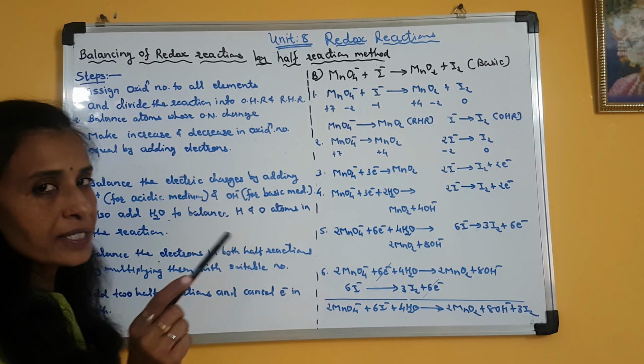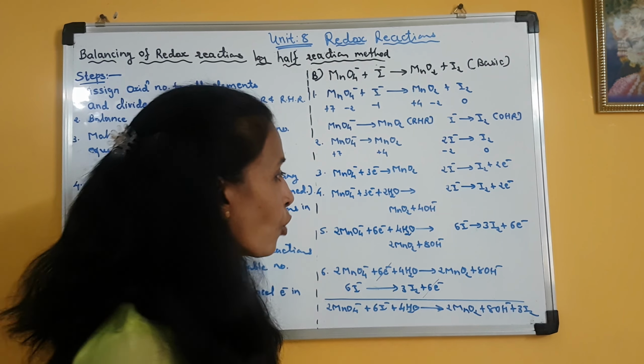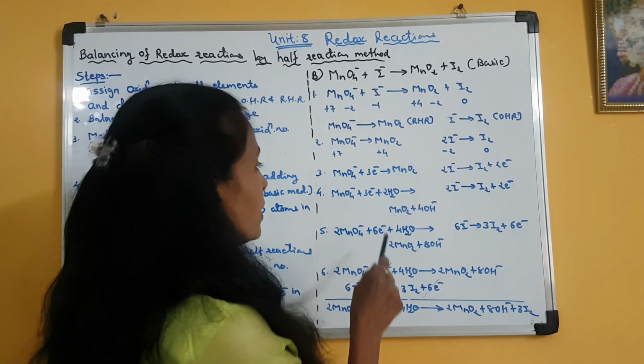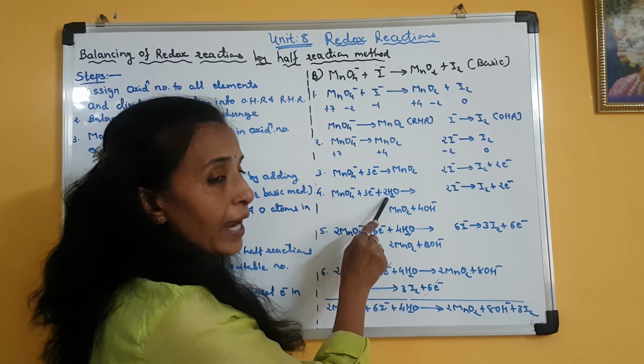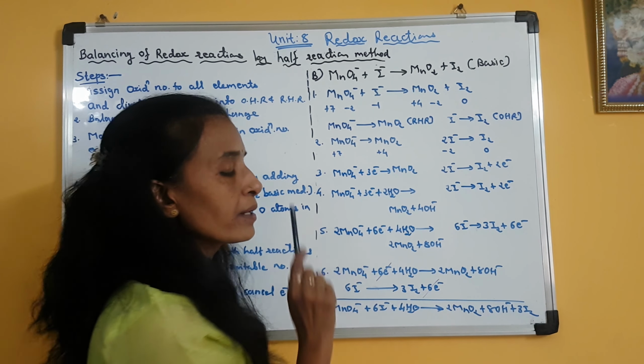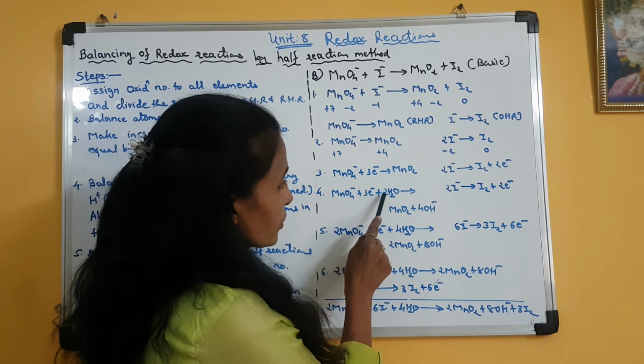Simultaneously, I must balance hydrogen and oxygen also by adding water. On the reactant side, only 4 oxygen are there, but there is no hydrogen. But on the product side, there are 4 hydrogen atoms. So I will add 2 H2O on the reactant side. Now 2 2s are 4 hydrogen, here also 4 hydrogen.